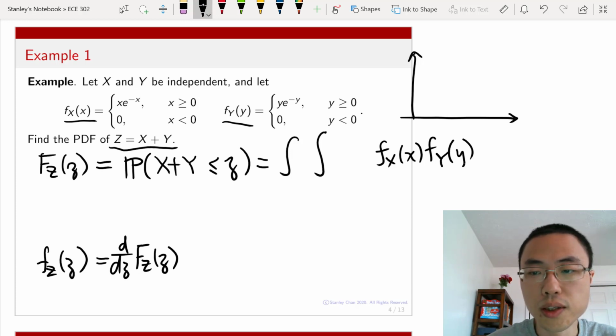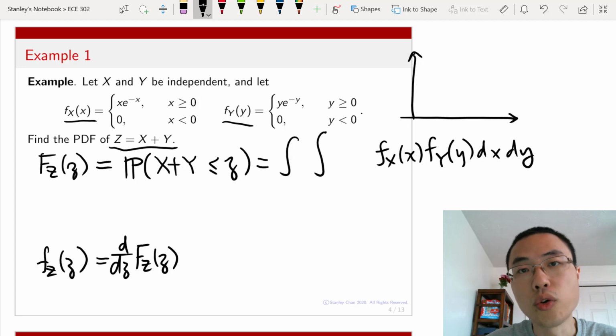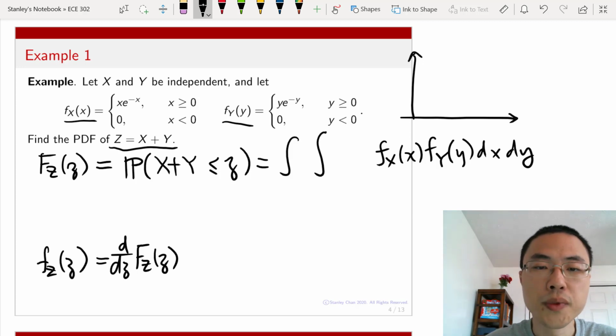Let me finish writing the equation first. This is the double integration which corresponds to this probability. This probability, of course, is a joint distribution in terms of X and Y. And since they are independent, I can just write the joint PDF as a product of the two PDFs. That comes from the independence.